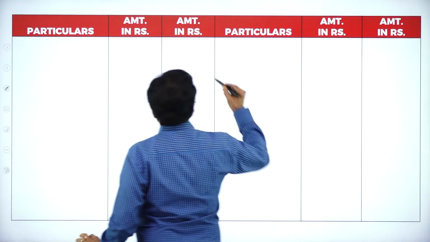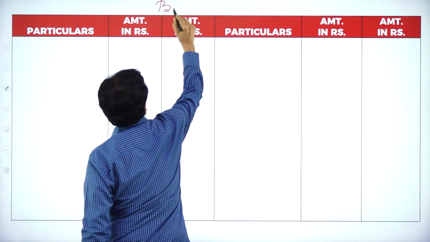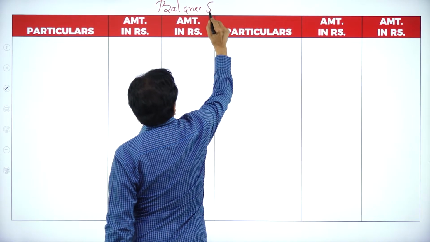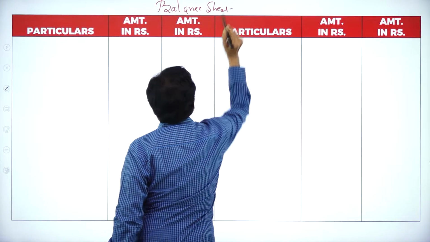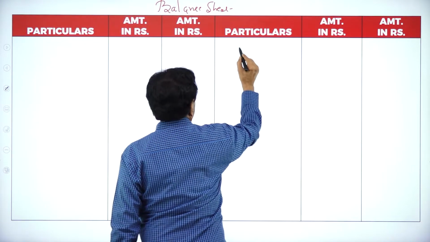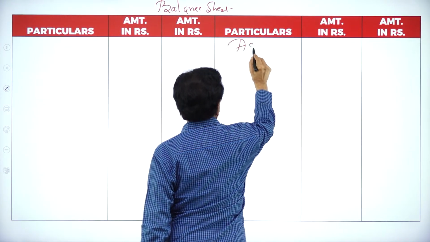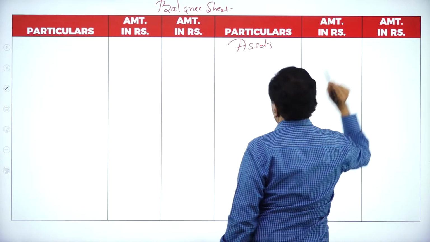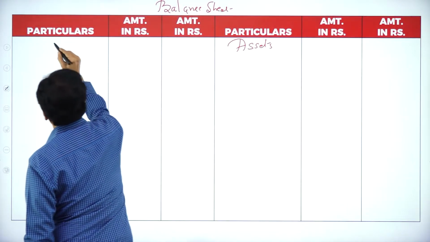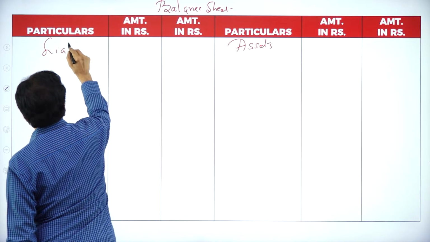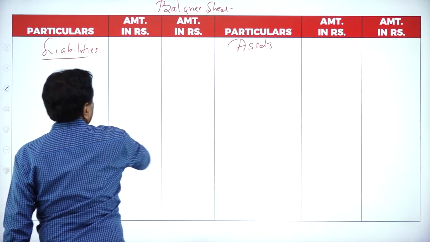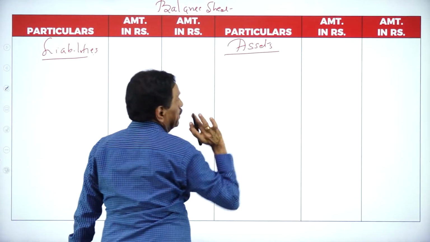Here, balance sheet. Here, right. Assets, rupees. Liabilities, rupees.